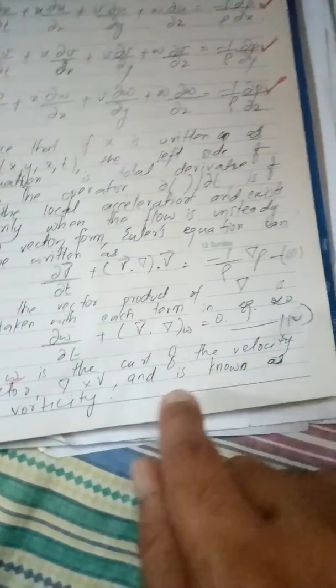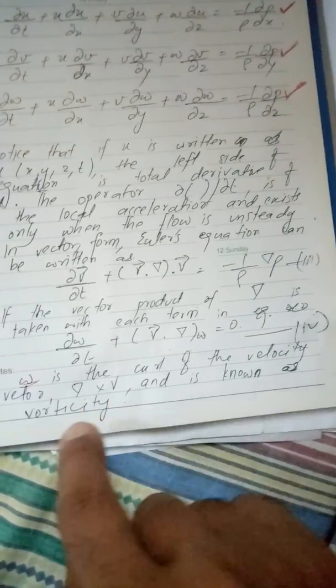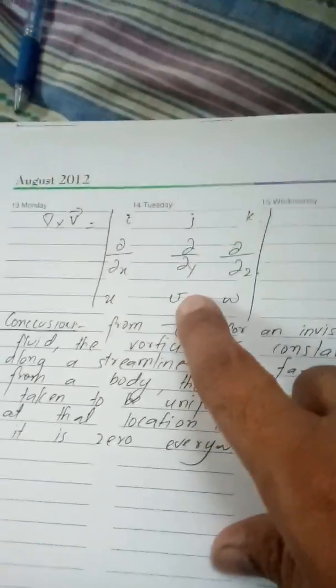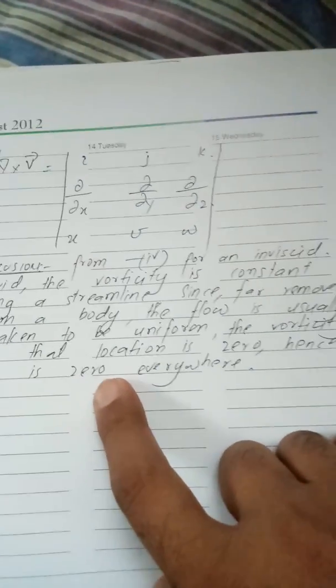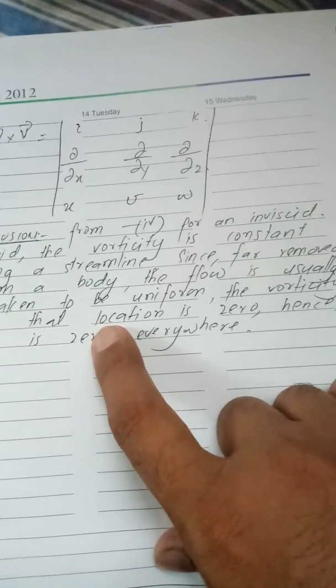W is the curl of the velocity vector, del cross v, and is known as vorticity. This is known as the vorticity. So this is going to be represented in matrix form, and a conclusion can be drawn for inviscid fluid: the vorticity is constant along a streamline.